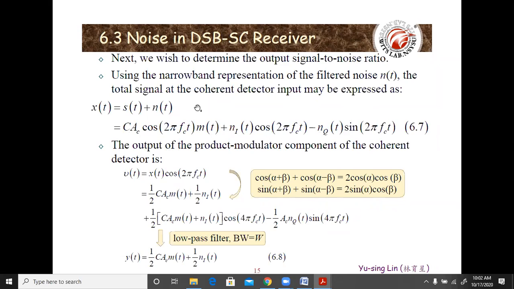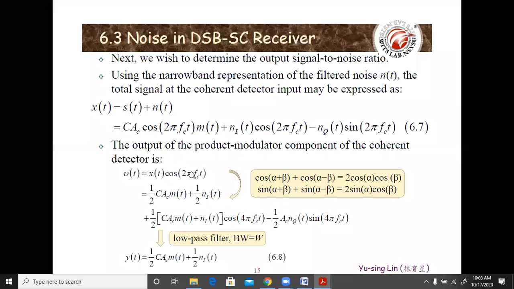The sine into cos term gives a high frequency component, whereas cos squared will be (1 plus cos 2 into 2 pi fc t) divided by 2. So if you remove the high frequency component, you will get the corresponding value over here.